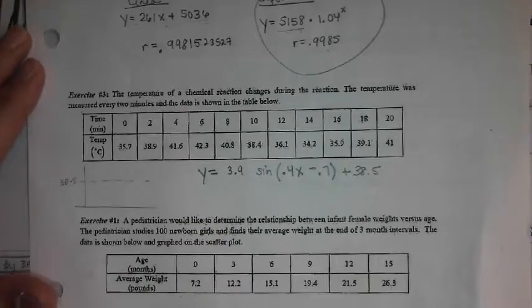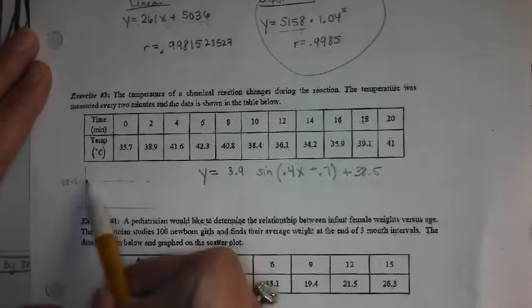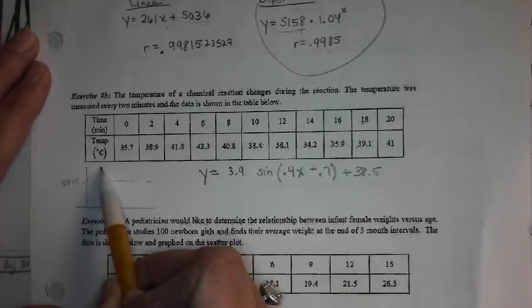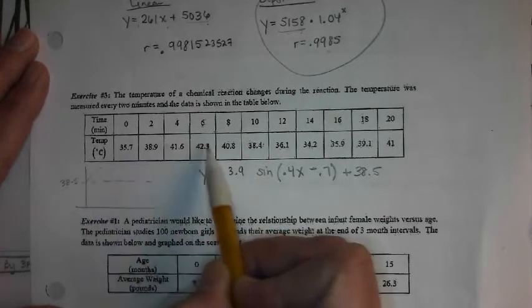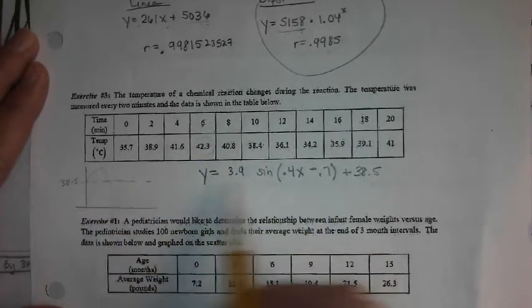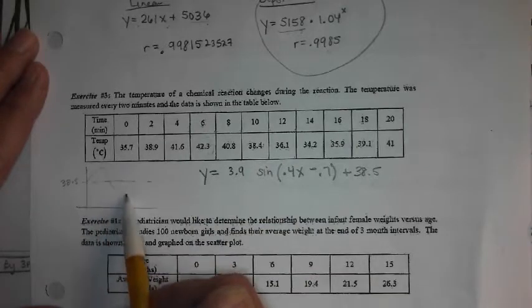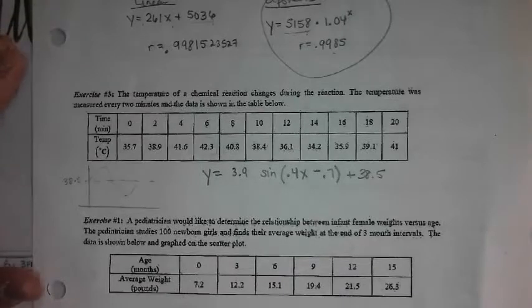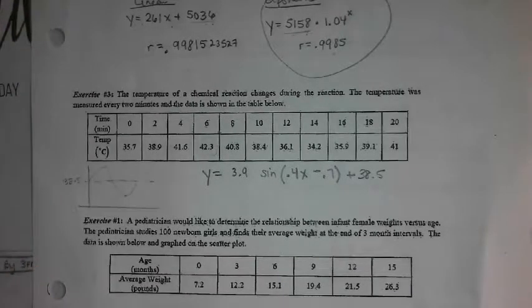So, Nate, you just added 3.9 up, right? So 42.4, that's fairly accurate for the actual data, right? And the minimum would be 3.9 below 38.5. Good. Okay. All right.